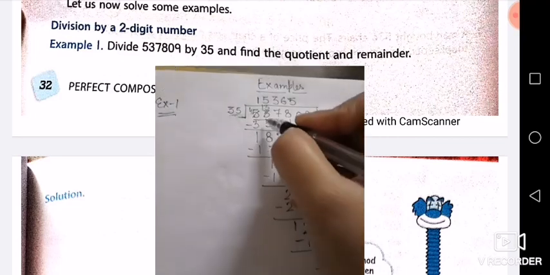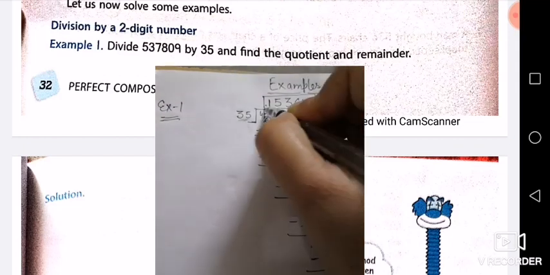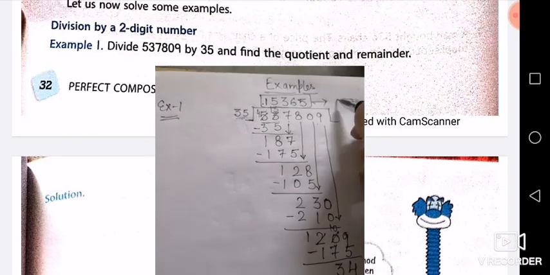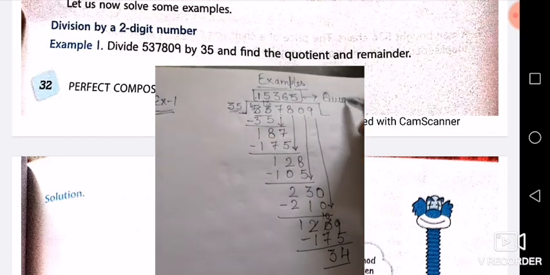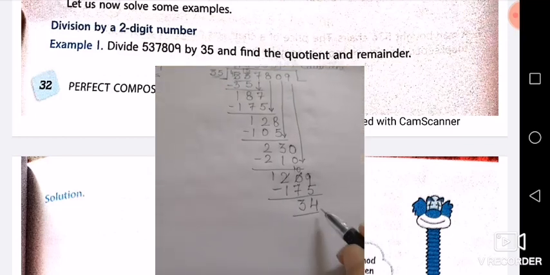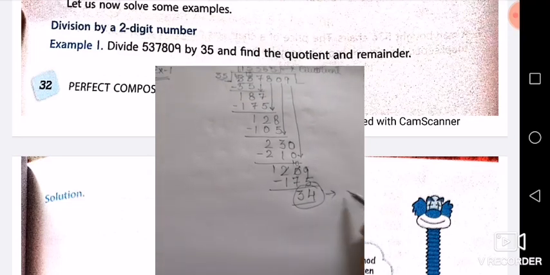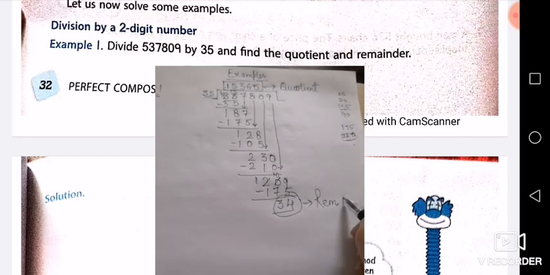So this answer which you will get after division is called the quotient. And whatever leftover is there, that is called, tell me first. Yes, that is the remainder.